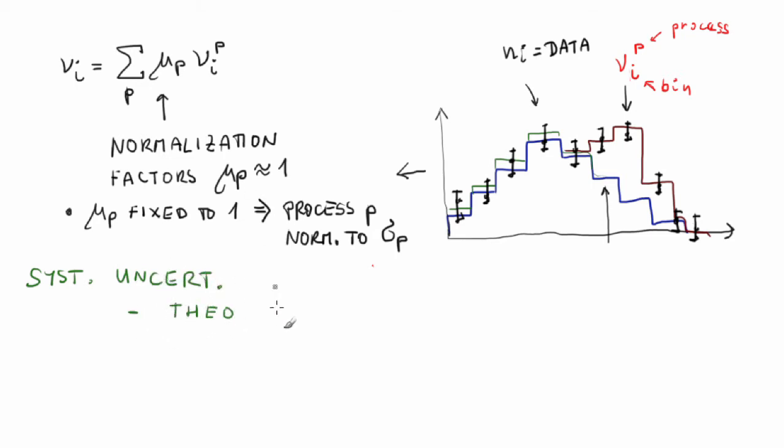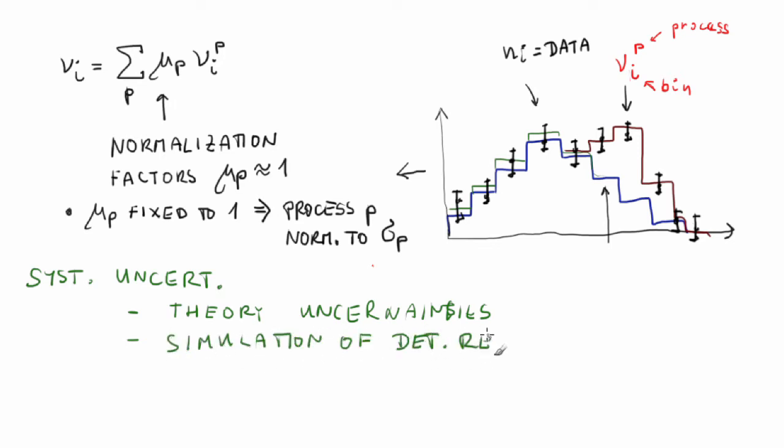One huge set are typically theory uncertainties. They are due to fixed-order perturbative calculations, modeling of non-perturbative effects, limited knowledge of parton distribution functions, if they are involved, and so on. Another important set of systematic uncertainties is due to the imperfection of the detector simulation.